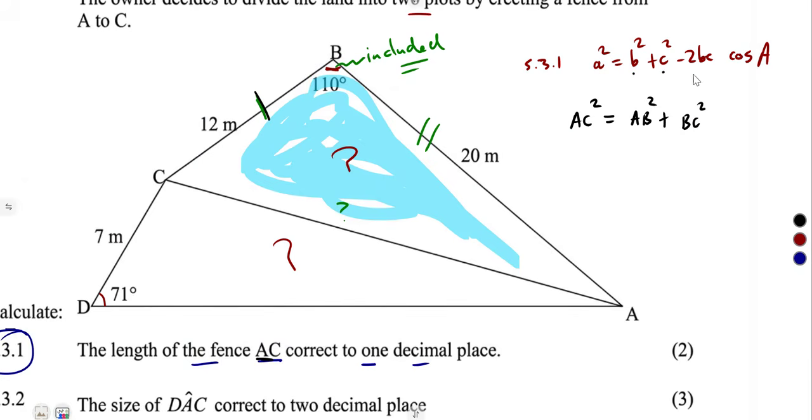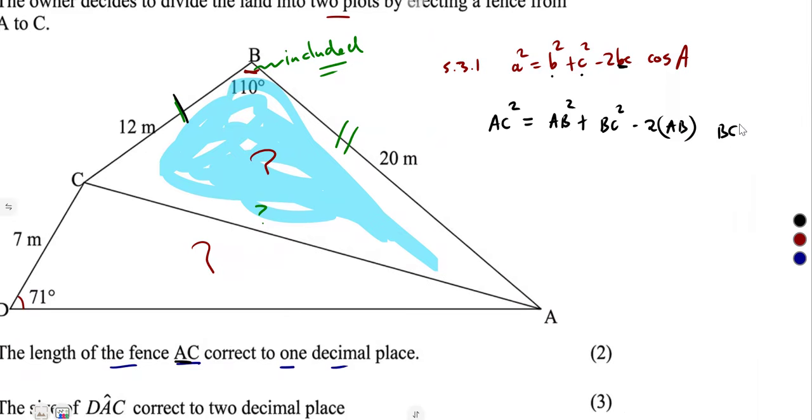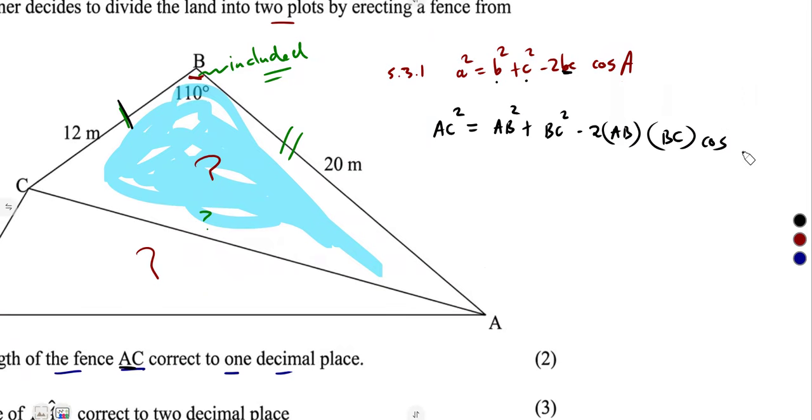Those are the two sides again that you are subtracting as 2BC. So it's two times those sides that you're given, AB and what? AB and BC times the cos of what? A, the angle opposite to the side that you're calculating, which is your included angle. That is the case. So it's cos of what? ABC, angle ABC or angle B.